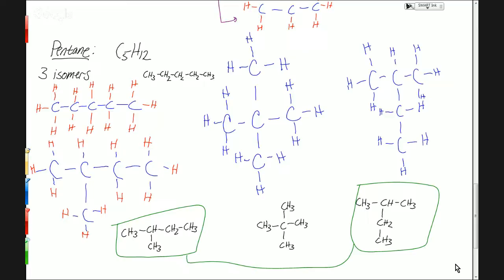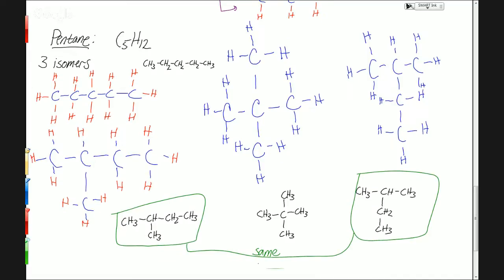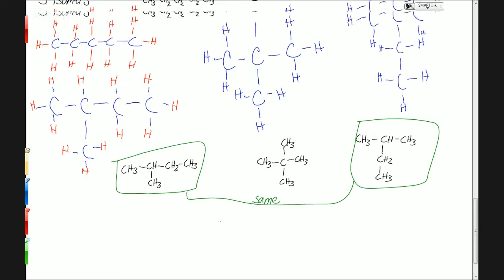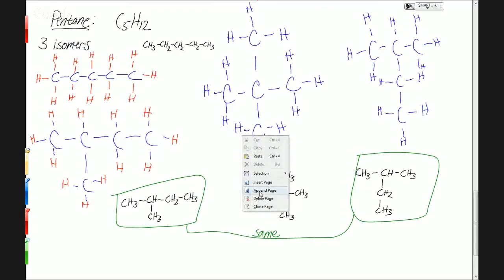Use your own judgment in terms of how you would describe something, and then see whether you can see those other things as being similar. So these are the same, which means there are just 3 isomers. We're going to get a chance to practice this a little bit more, but before we do that, I want to look at the names, because this is another way that will actually help us to determine whether or not these are the same.